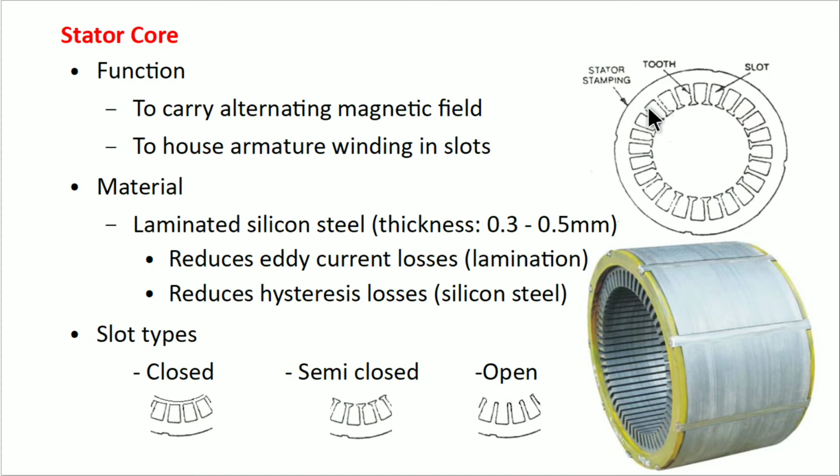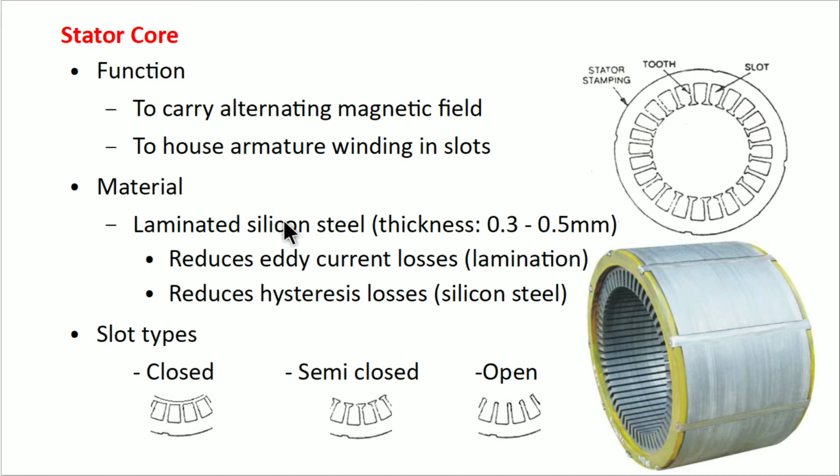Axial slots are cut in the core, just like shown here, to house the stator windings. And these slots may be of three types: closed type, not open in the inner surface; semi-closed type, just like these shown in this stamping; and open type, depending upon the size of the machine. For large machines, these are open type; for medium machines, semi-closed type; for small machines, it may be closed type.